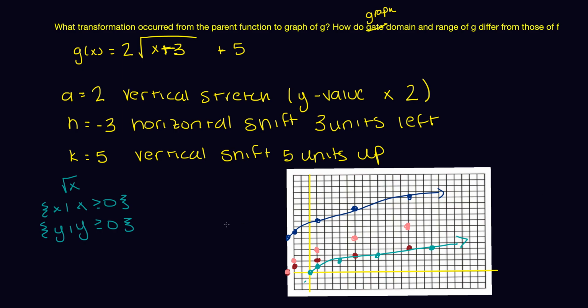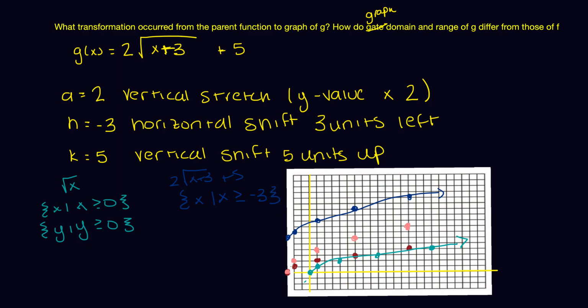My g of x, so we're looking at 2 root x plus 3 plus 5, is now going to be x, where x is greater than or equal to -3, because here's my -3 here.